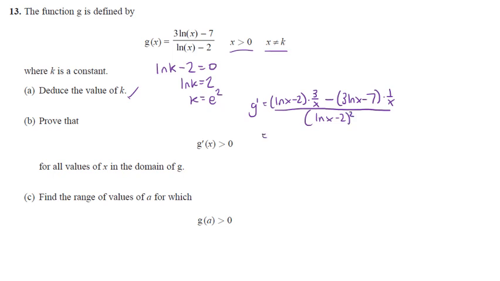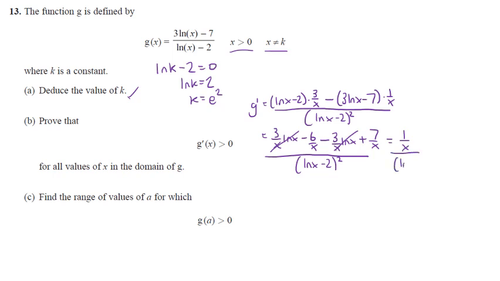Let's multiply out the numerator. So we get 3 over x ln x minus 6 over x minus 3 over x ln x, and then minus minus plus 7 over x, over ln x minus 2 squared. If we simplify that, the log terms cancel, and then we've got 7 over x minus 6 over x, which is just 1 over x on top, and then ln x minus 2 squared on the bottom.